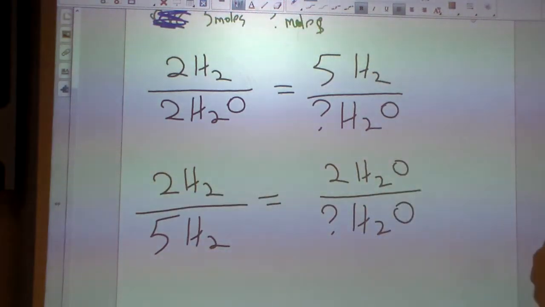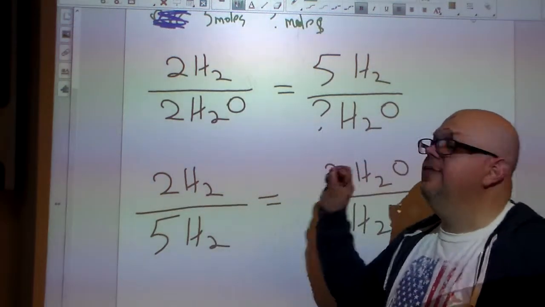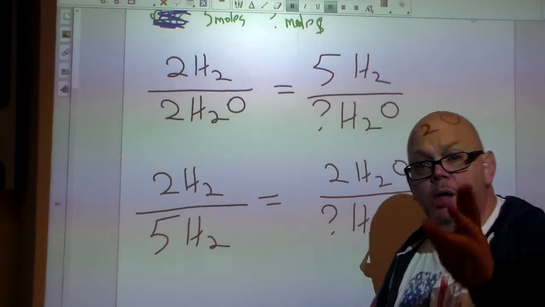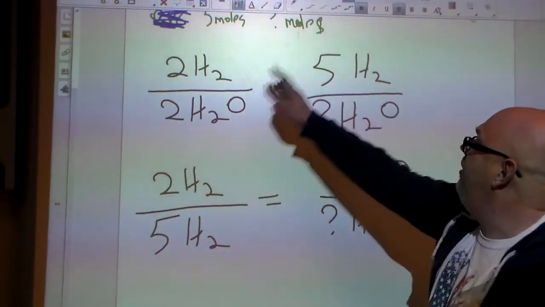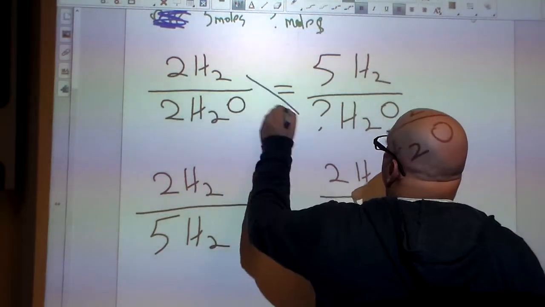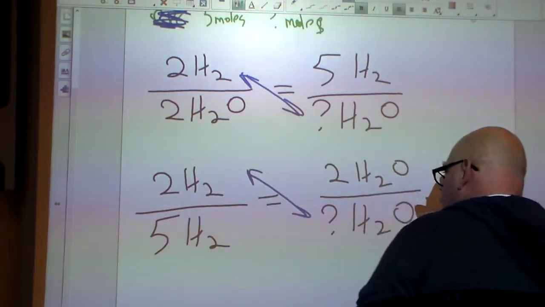These are two ways that you can set it up. They're both proportions and they can be set up equally well, and you will come up with the same answer. Now that we have all this in place, we can go ahead and cross multiply.